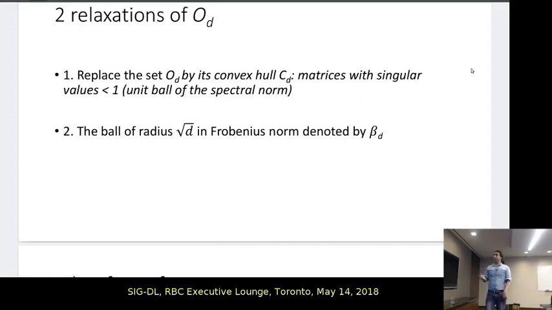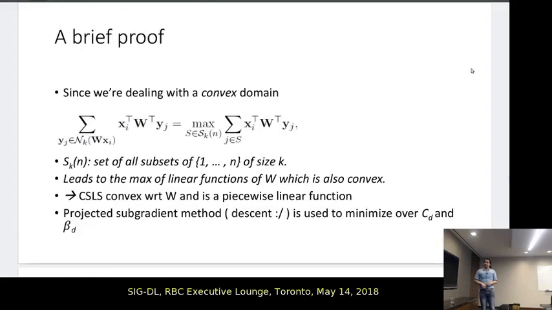They replace it by its convex hull, so basically matrices with singular values less than 1, which is equivalent to the unit ball of the spectral norm. We can talk about it conceptually later or at the end of the talk. And the other method, which is looser and relaxes the problem even more, is the ball of radius square root of d in the Frobenius norm, denoted by B. That B has to be uppercase.